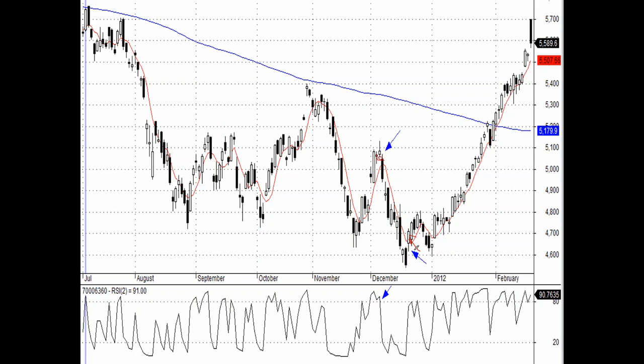We book profit at 4,600 or 4,700. 400 points in Nifty. Can you imagine 400 points in Nifty, and that too in 15 days?